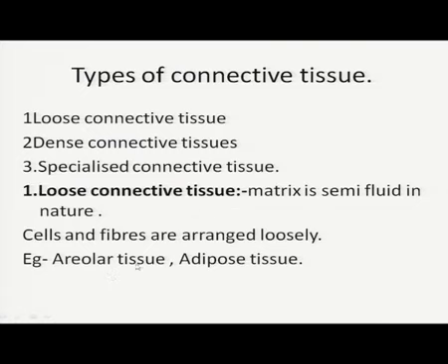Examples: areolar tissue and adipose tissue. So, areolar and adipose tissues are the typical examples of loose connective tissue. The term loose connective tissue means cells and fibers are arranged loosely in the semi-fluid matrix.